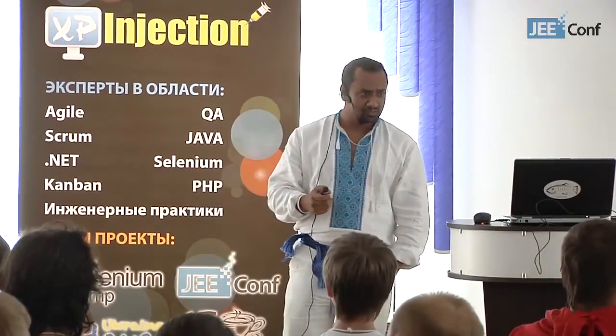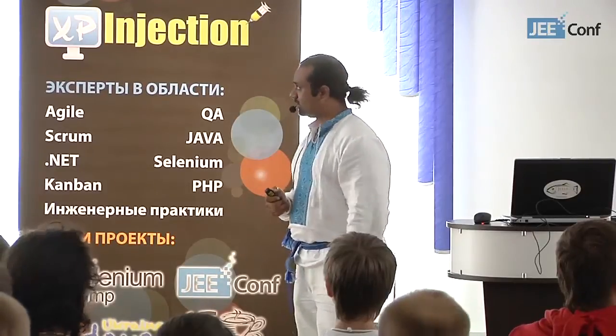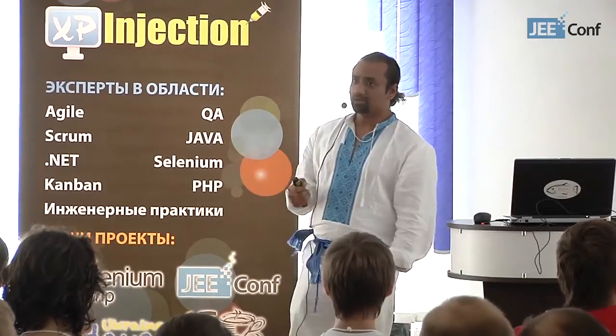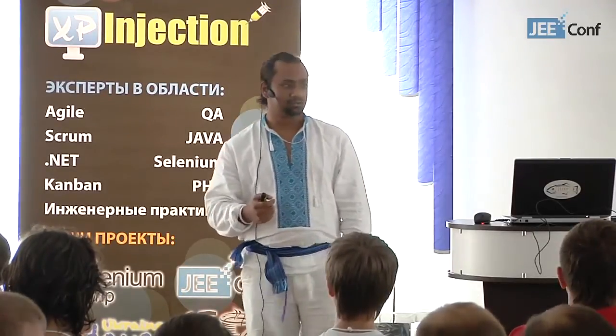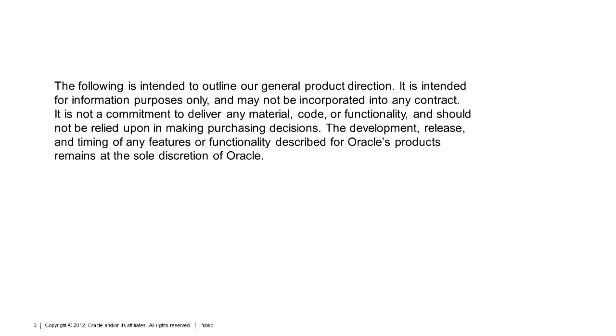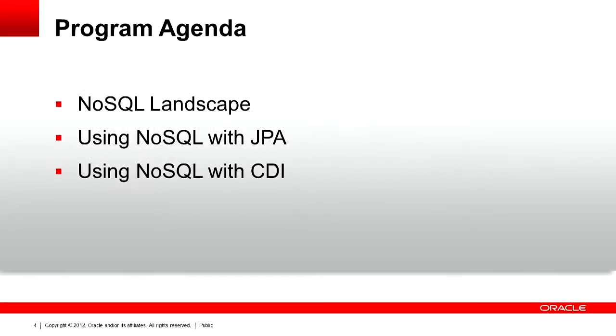Our agenda is roughly broken down into 3 parts. I'll be talking a little bit about the NoSQL landscape, first and foremost, just to get an idea of what exactly NoSQL is, why you would consider it, and what some of the primary characteristics of NoSQL solutions are. The other 2 parts are about how you can use NoSQL in Java EE based systems, primarily through 2 different APIs.